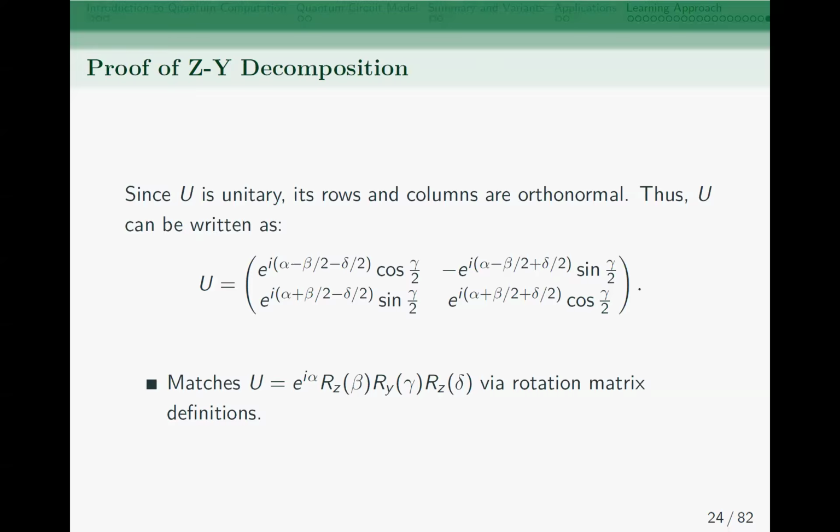By the way, proving this 3-dimensional version is non-trivial, but for the 2-dimensional one, we have a 2x2 unitary. The condition for this unitary is on its rows. This vector must be a unit vector, and this is a unit vector, and these two must also be orthogonal.